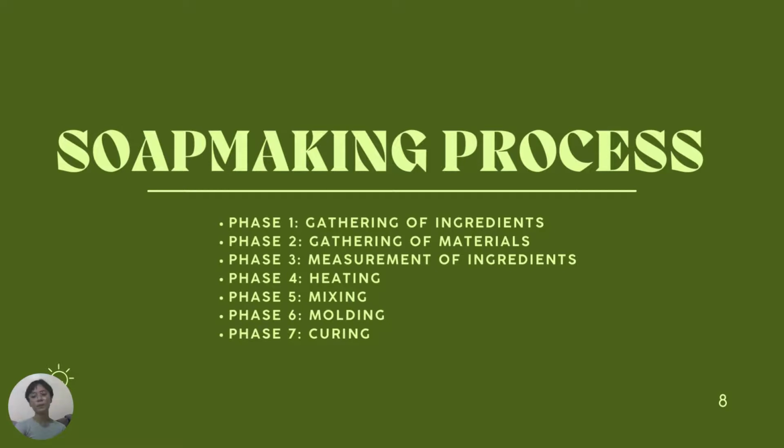The soap making procedure contains 7 phases, which are gathering of ingredients, gathering of materials, measurement of ingredients, heating, mixing, molding, and curing. Here are visual aids for each phase.